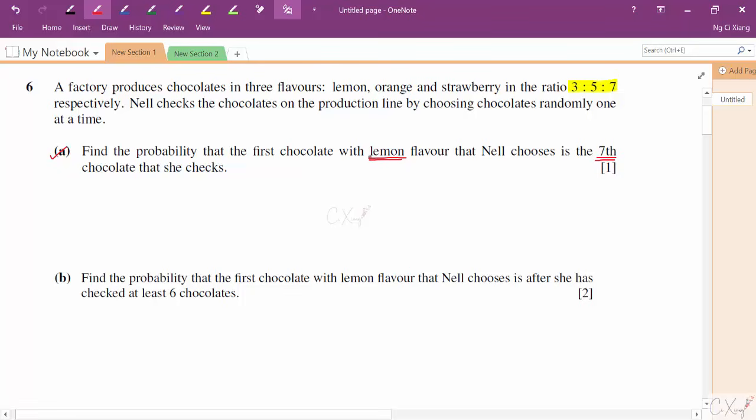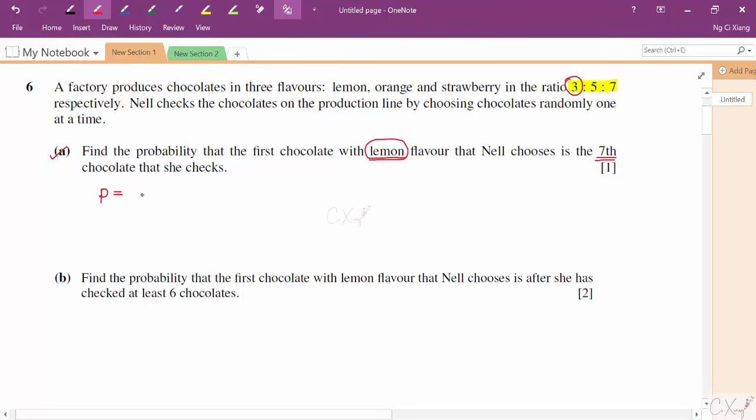For the geometric distribution, you need to consider the probability of getting a lemon flavor chocolate. So what is the probability for lemon flavor chocolate? P should be equal to, for lemon flavor, 3 in the ratio, 3 out of the total, which is 15.